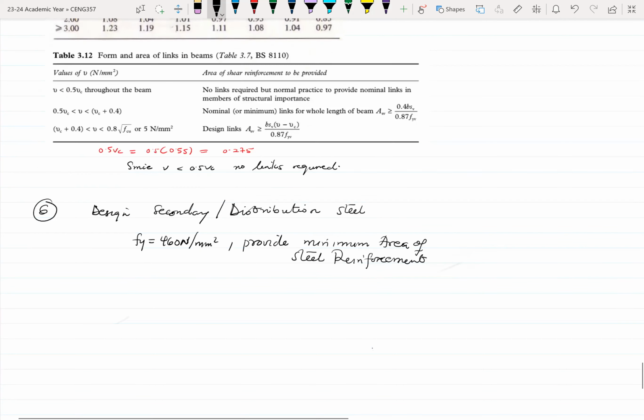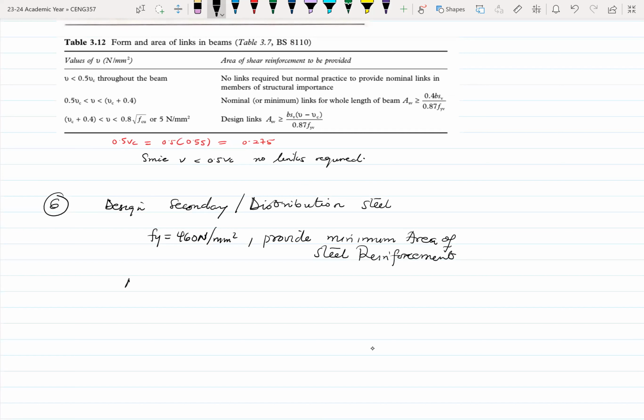So here, our AS will be equal to 0.13 BH over 100, or 0.0013 BH. I think I have that over here, and this is because our Fy is 460.